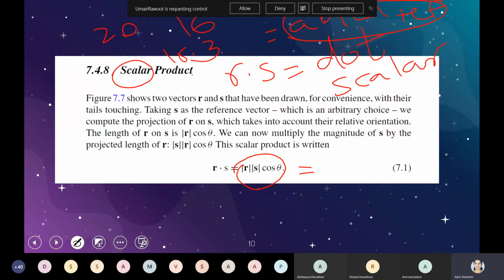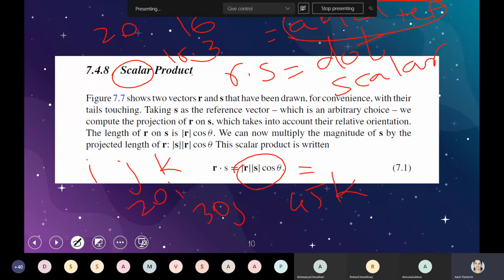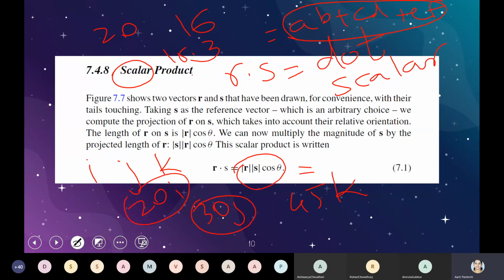But if the result of the product comes out to be a vector, something in terms of I, J and K, like 20I or 30J or 45K, then it requires the direction also, whether it is going in the x-axis, y or z direction. If you are representing it like this, then it is nothing but the vector product.